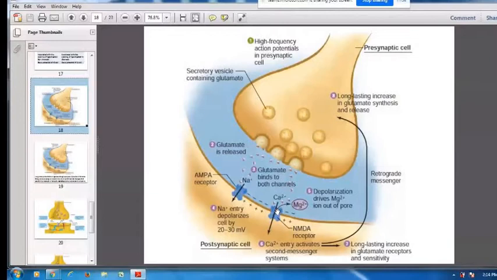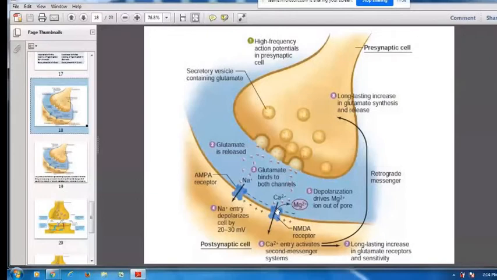When NMDA becomes open, calcium ions enter inside. Calcium ions are also positive ions. How is this lock removed? That is important. This lock is removed because of depolarization, because the AMPA receptor has allowed depolarization.